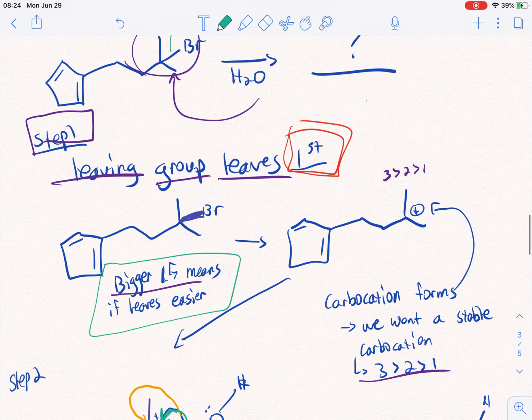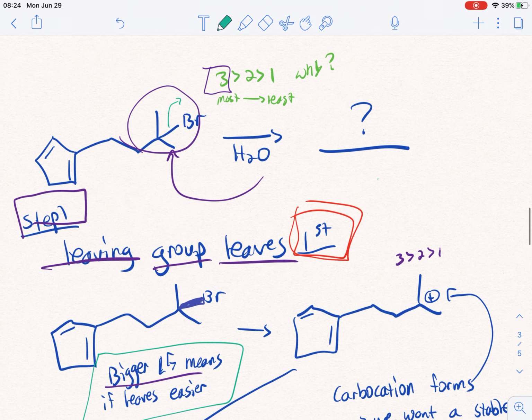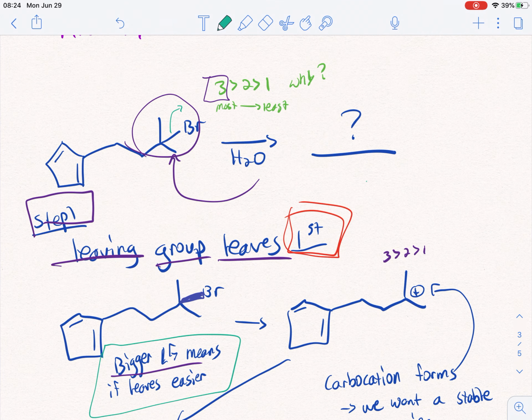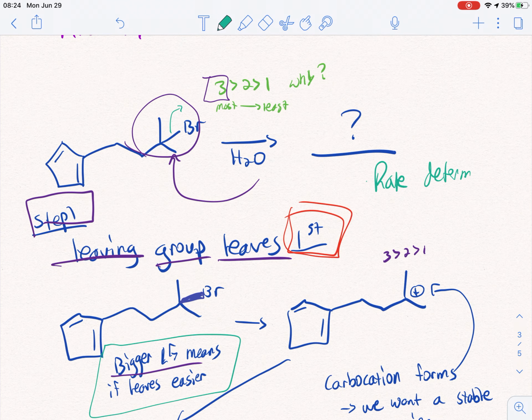And these things also affect the speed of a reaction, okay? One thing I didn't say is this leaving group leaving first is the rate determining step, right? This step determines how fast the reaction goes. It takes a little while, okay?